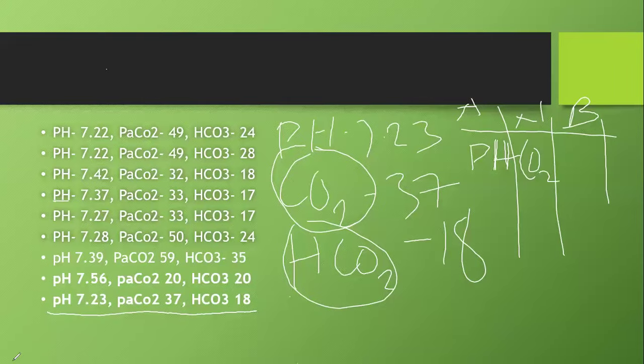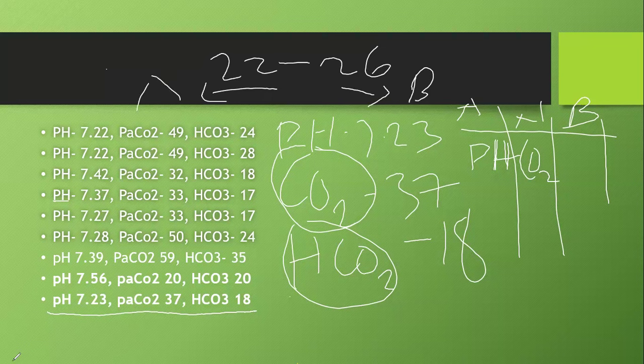Let's take the bicarbonate. Bicarbonate is 18. I said that the normal is 22 to 26. If it is more than 26, it is a base, and if it is less than 22, it is acid. Based on the bicarbonate, do you think it is acid, base, or normal?